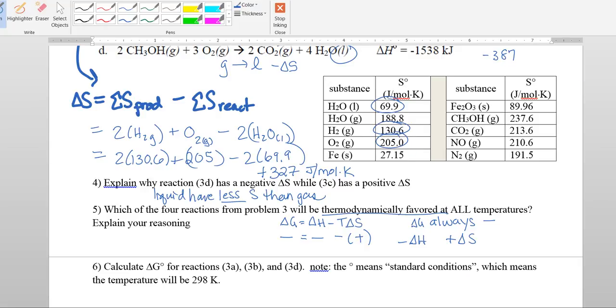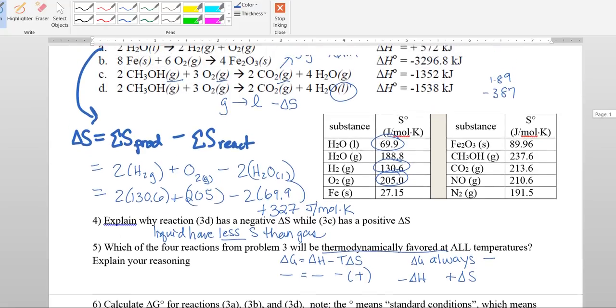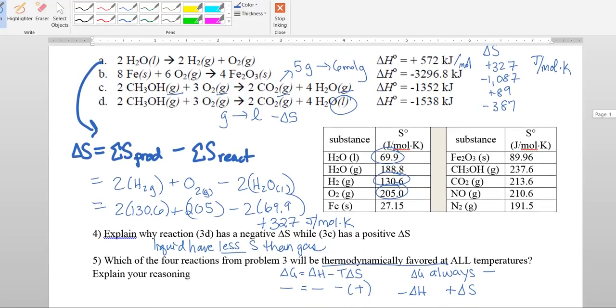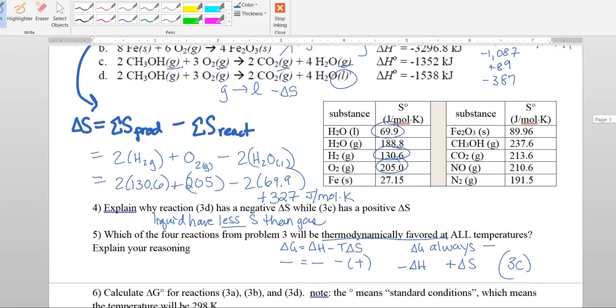So let's look back here and see if any of these fit this scenario. A negative H and a positive S, that looks like 3C. 3C is always thermodynamically favorable, okay? Because 3C has a negative H and a positive S value.